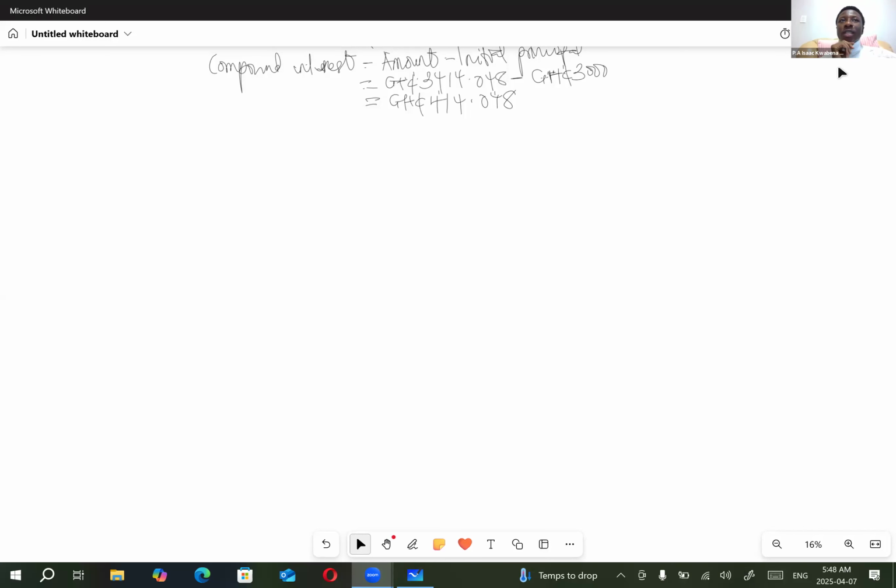They will tell you the interest rate is 12% for the whole year, but we'll be giving it to you every 6 months or every 3 months or every month. Okay, this is how they say it: at 12% per annum compound interest, compounded.